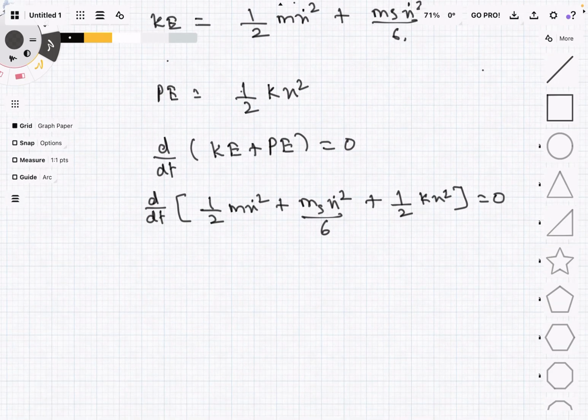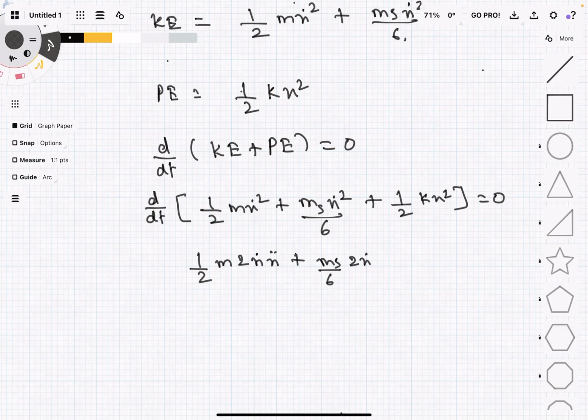So if I do the differentiation of this, it will be half into m into 2 x dot x double dot, plus ms by 6 into 2 x dot x double dot, plus half into k into 2 x x dot, should be equal to 0. Here the 2s get cancelled, and x dot being common also gets cancelled.